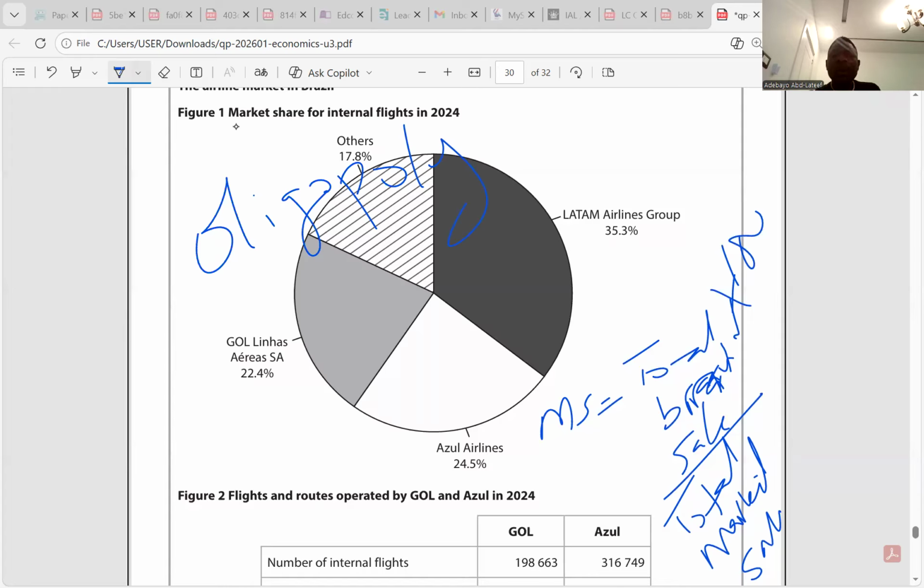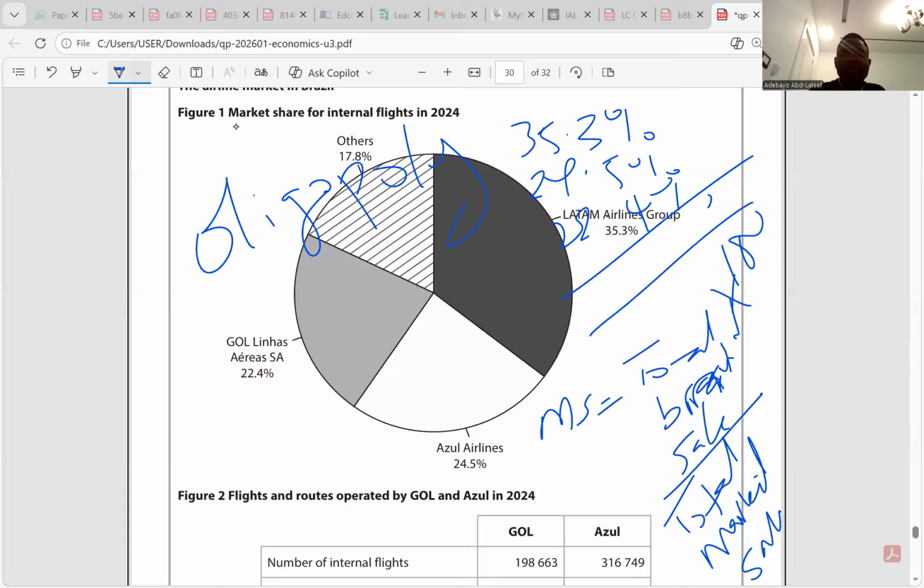We can talk about two-firm or three-firm market concentration. For three, we have Latam at 35.3%, Azul at 24.5%, and Gol at 22.4%. Together, that's 35.3 plus 24.5 plus 22.4, which is 82.2%.